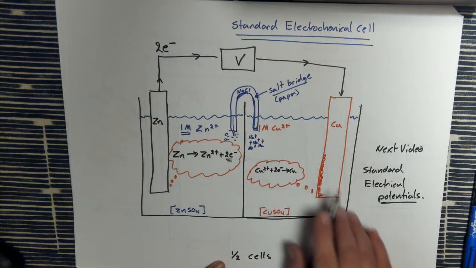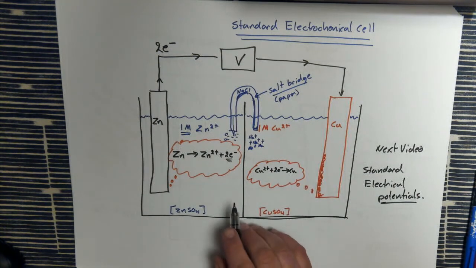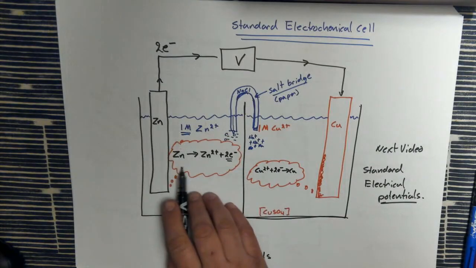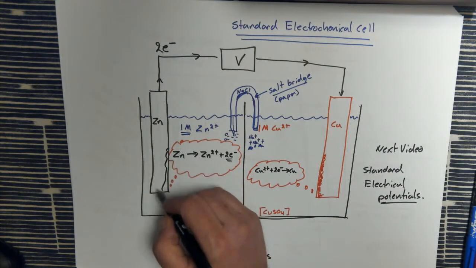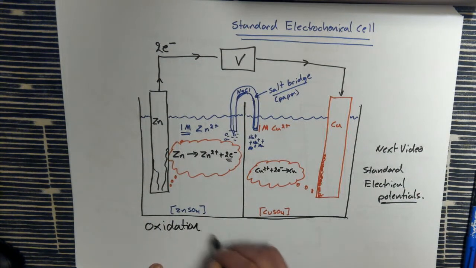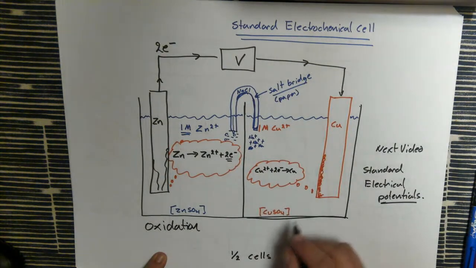But before we leave this, it's important that we recognize what's going on with this. If zinc is turning into zinc 2 plus, then it is undergoing oxidation. So we have oxidation, right? Electron loss. And copper is undergoing reduction.